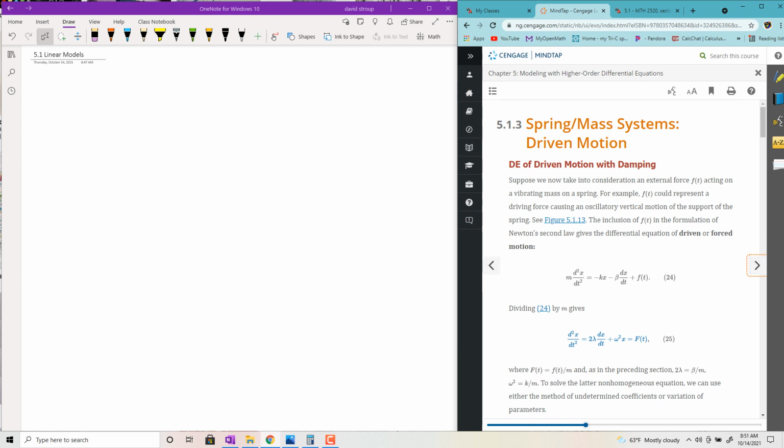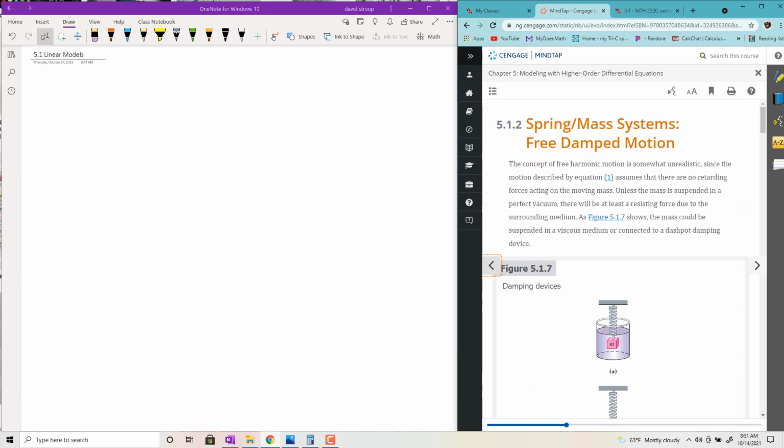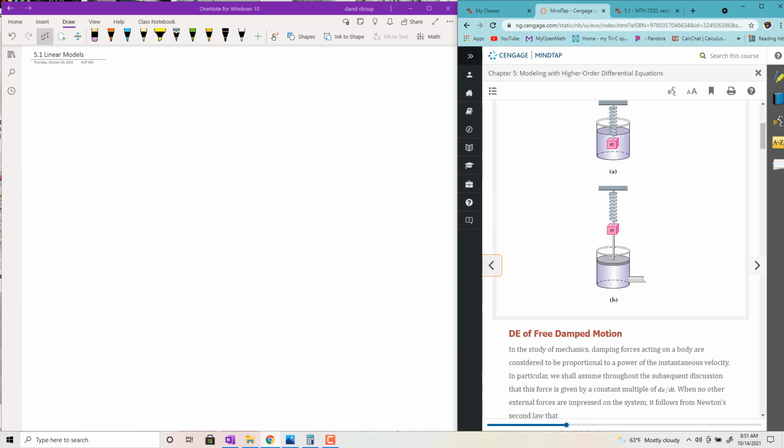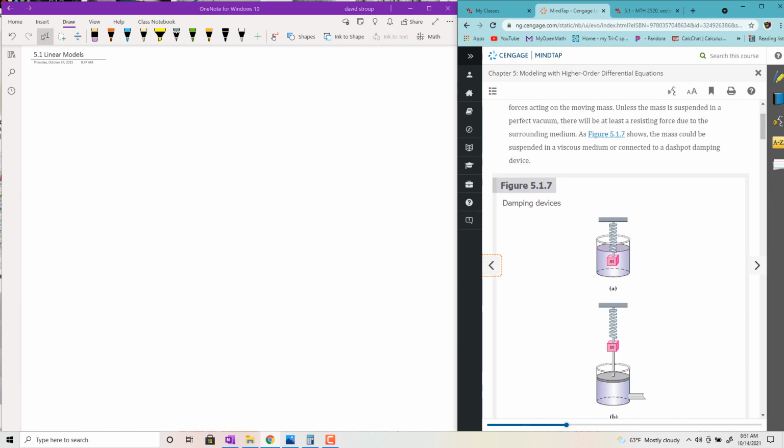Okay. So there's going to be three different kinds of systems. One system is called damped. If you're putting the spring into some sort of fluid, like maybe mud or some sort of lubricant, that will slow the spring down. So they'll call that damped.